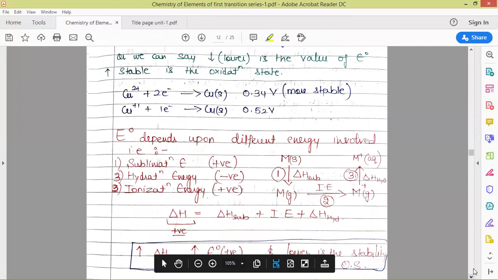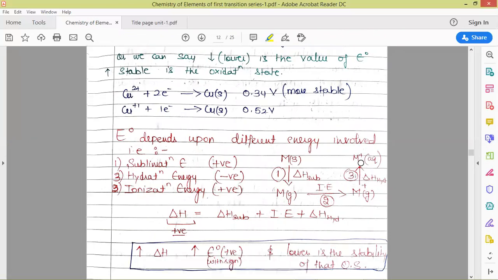Further, electrode potential values depend upon the different energies involved in the formation of the species in its aqueous form from the metallic solid. Three types of energies are involved. First, sublimation energy is required.